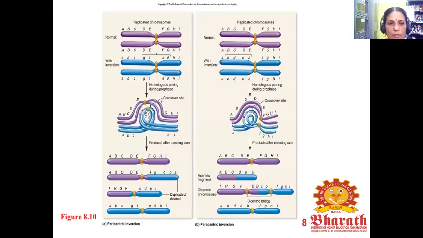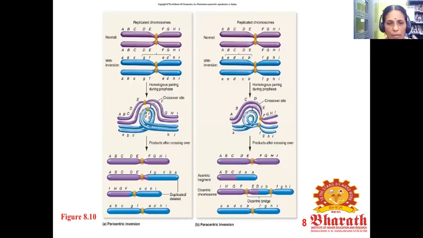In the first picture, A is a pericentric inversion and the second one is a paracentric inversion. With replicated chromosomes, normal one and inverted one, homologous pairing occurs during prophase and crossing over occurs.